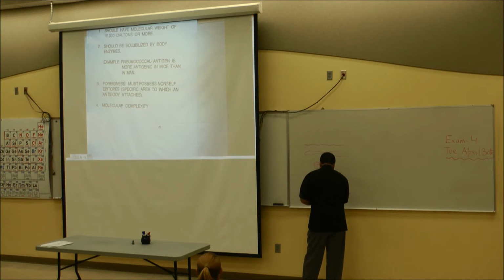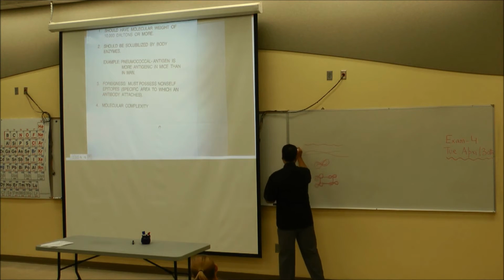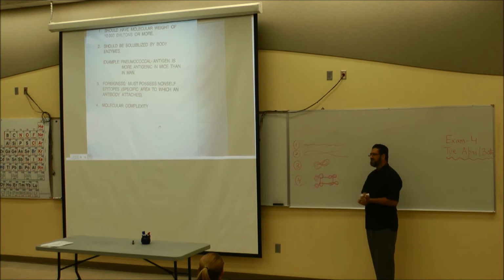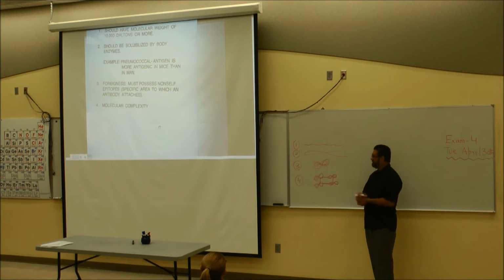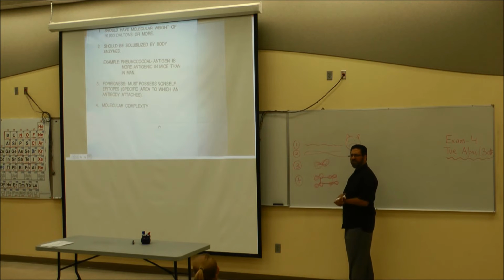If you take 4 mice and inject each of these proteins in a mouse, which one will have the strongest immune response? One of them will have no immune response at all. No complexity, no antigens at all.